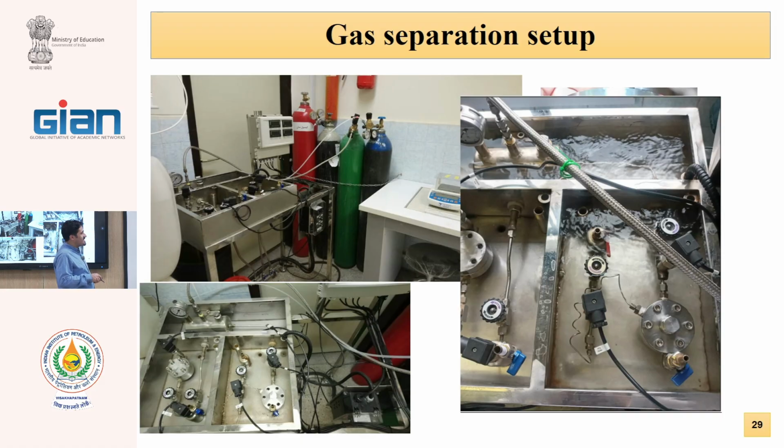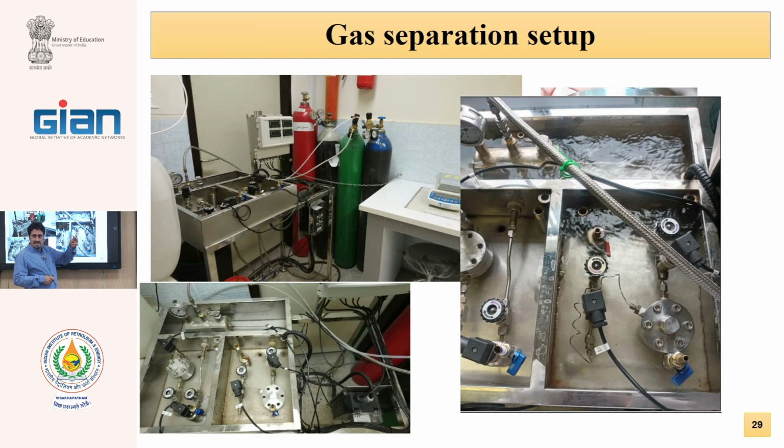Okay, after passing of the gas in the constant volume, we know the volume of this section, and you see we have a very narrow tube. This is a narrow tube because the permeate is very low, our surface area is 3 centimeters. Therefore, we use a very small diameter tube so that our system is sensitive.